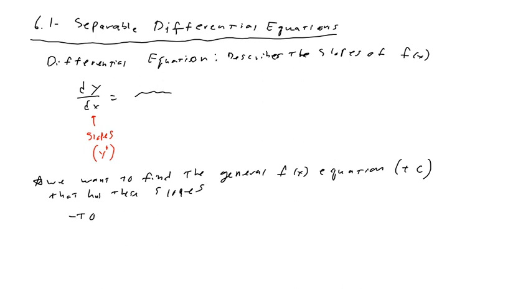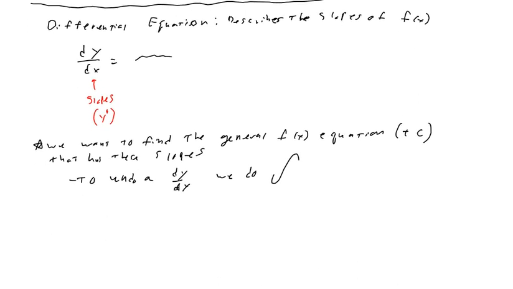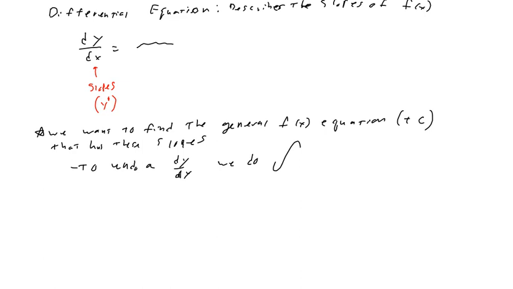So to undo a derivative, dy dx, we do integration. We want to find the formula that has these slopes. What general f of x equation, meaning we add c to it, has these kinds of slopes. And so to undo the dy dx, we have to do an integral.